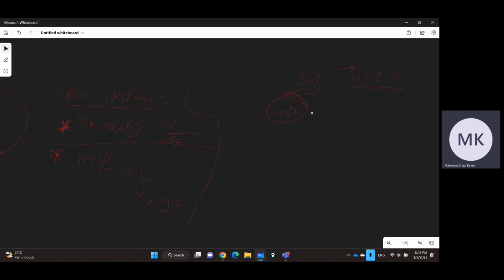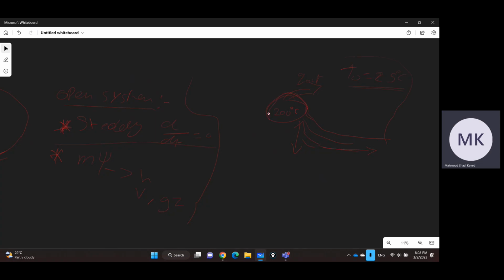So it will be 200, then the temperature distribution will be something like this. Over time it will decrease, and this is over the distance. As time goes on the temperature will decrease, and as we go away from the system we will reach the temperature of the environment.